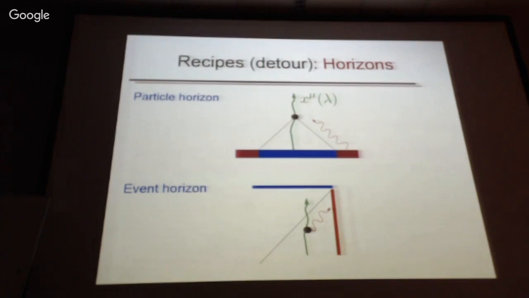So the observer is just emitting light, and this light is escaping towards spatial infinity or null infinity. However, when I cross this horizon, then light, since it has to travel at 45 degrees, reaches this other surface, which is not null infinity. That means spacetime is also split into two. We have a region where light cannot escape and reach infinity. And that will be relevant for black holes as well.